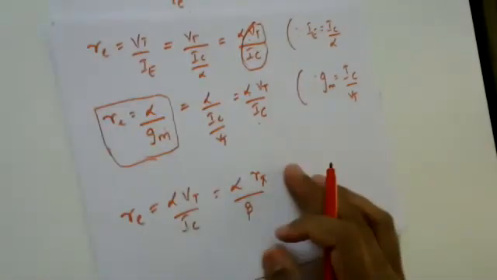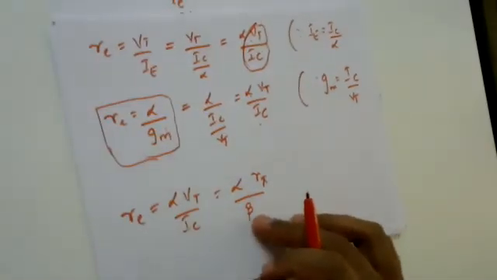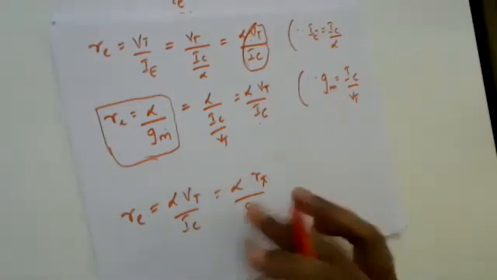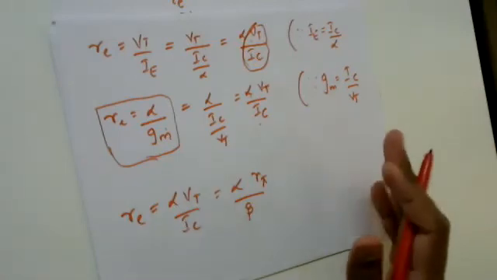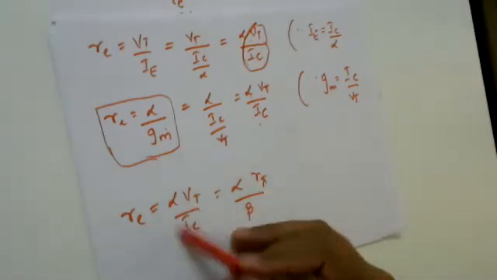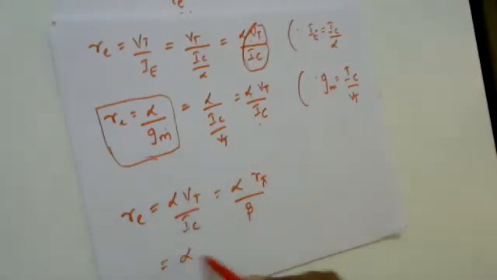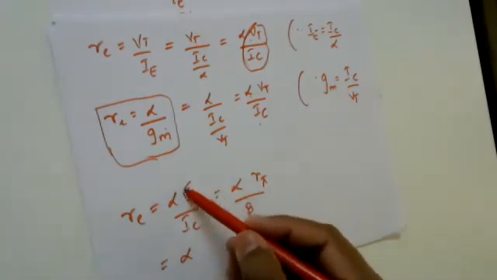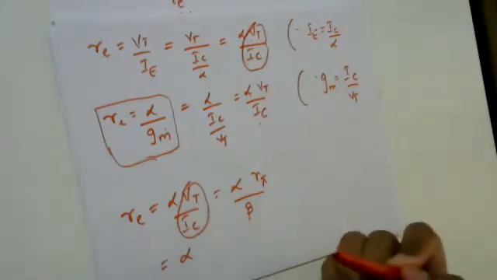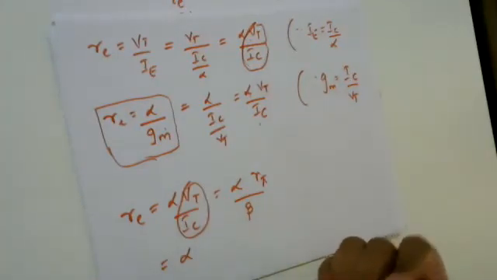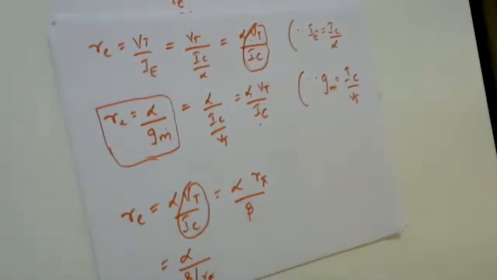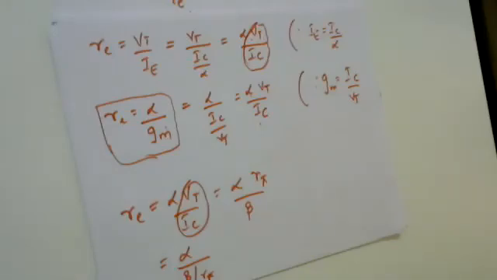How am I getting this expression? By substituting the value for IC, because I know that alpha stays as it is. If I want to write an equation for VT by IC, how can I write this? VT by IC can be defined as alpha divided by beta by r pi. Just give me a second.